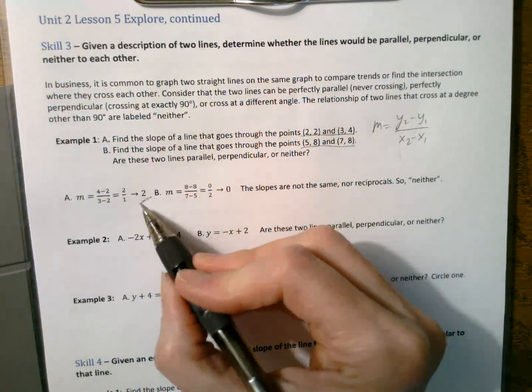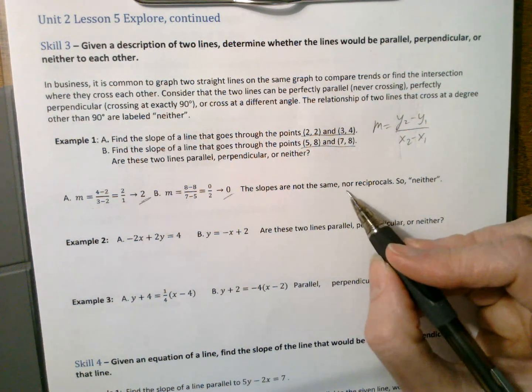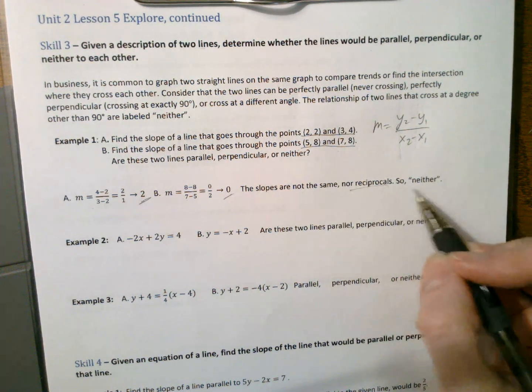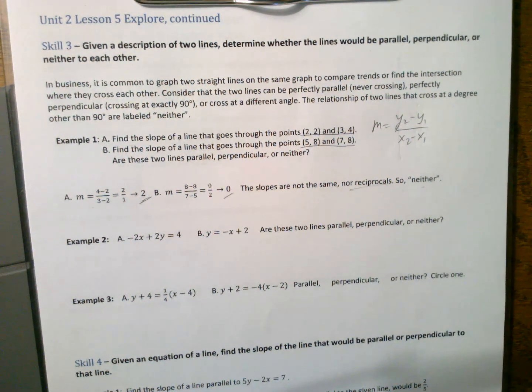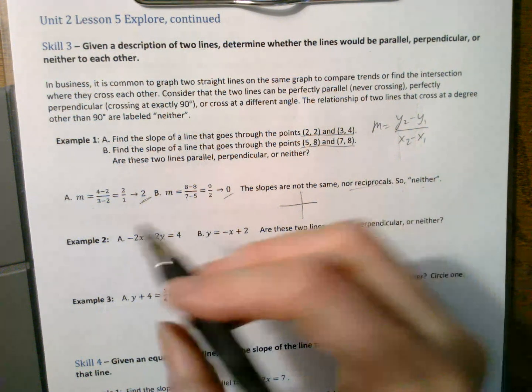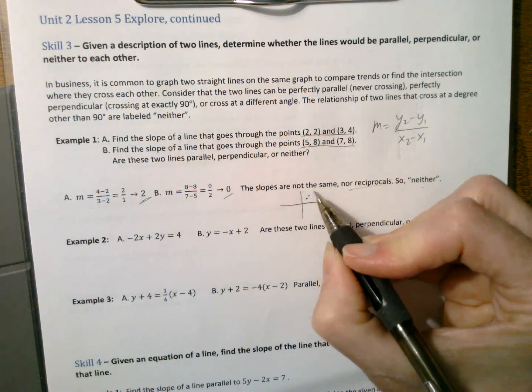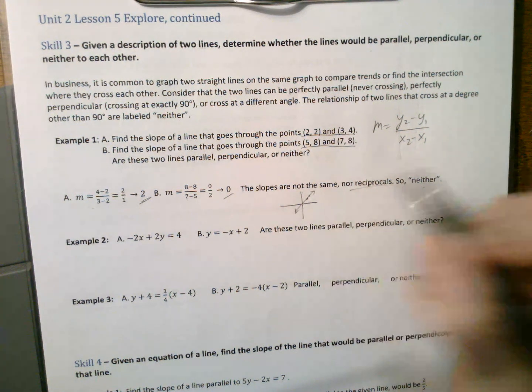This one gets a slope of 2. This one has a slope of 0. So the slopes are not the same, and they're not reciprocal, so they're neither. Let's look at that for a second. If you have your graph and you have 2, 2 and 3, 4, there's a line that's going like this approximately.